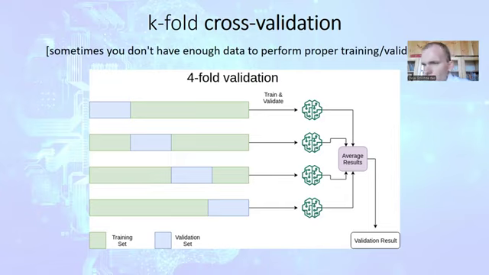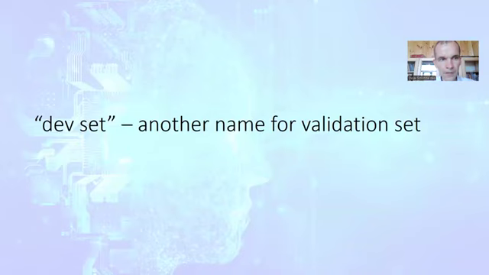Yes, we train the model, we perform validation, but then we shuffle or reorganize our data. New data are used, not exactly the same for training, not exactly the same for validation. And then at the final stage, we average our validation results. So this so-called k-fold cross-validation is often used.